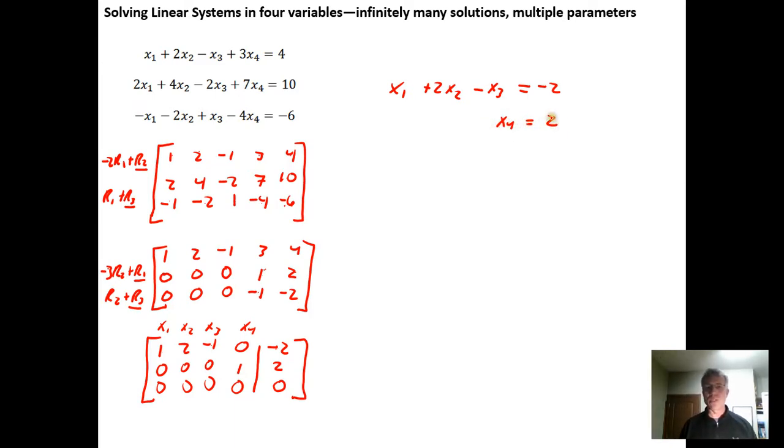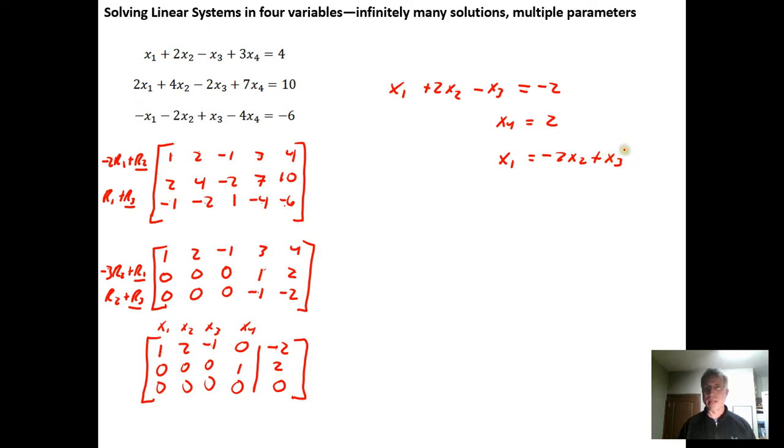So x sub 4 is just a constant. For this one, you go to your lowest subscripted variable. You solve for it in terms of the other variables. So I'm going to get x sub 1 equals, so I'm going to subtract 2x sub 2 from both sides and add 1x sub 3 to both sides.